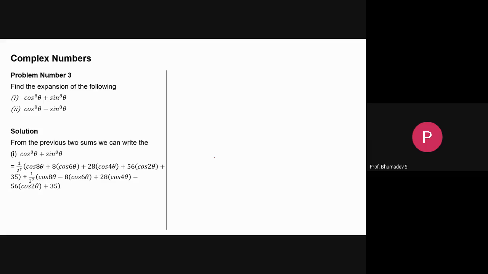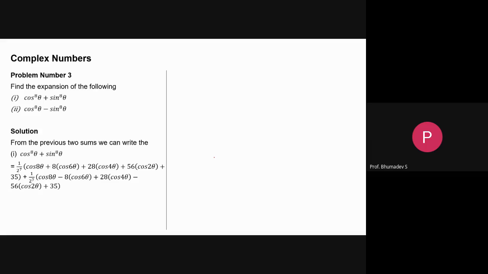That is, the expansion of cos to the power of 8 theta should be written first. All the plus sign will be there, plus sine to the power of 8 theta expansion, in which the alternatively plus and minus sign will be there. Both the terms should be added together.